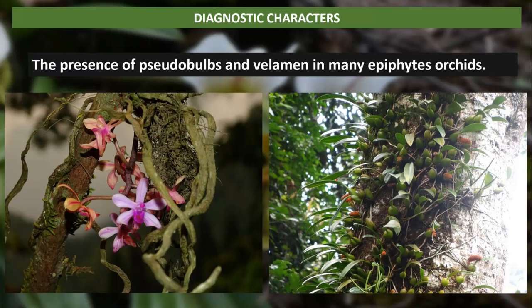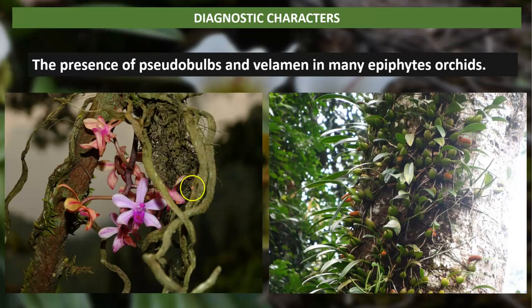Next diagnostic character is the presence of pseudobulbs and velamen in many epiphytic orchids. Remember students, velamen is present only in epiphytic orchids. Epiphytic orchids are those orchids which grow on tree branches or tree trunks.